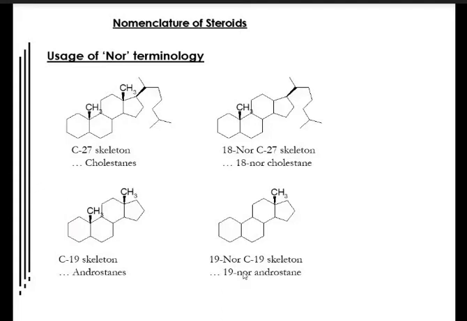For example, if there is a 27 skeleton cholestane and you remove the methyl group here, it becomes NOR. The methyl group at the 18 position is removed, so it becomes 18-nor cholestane.